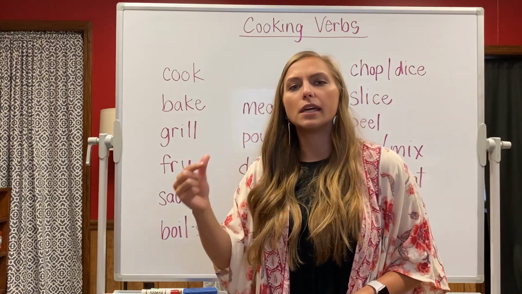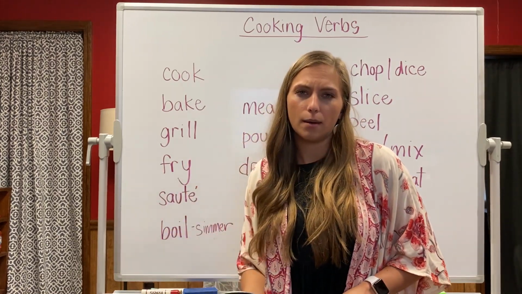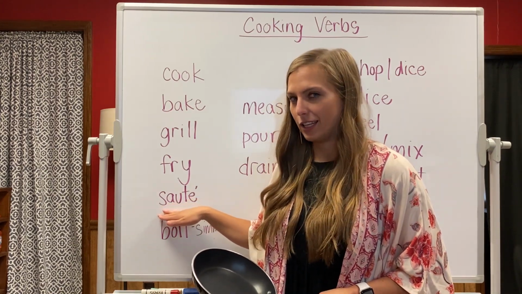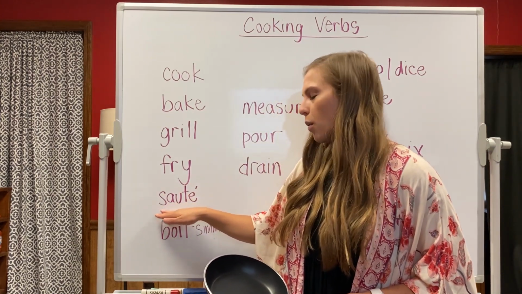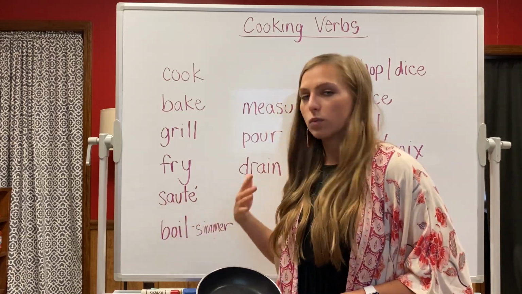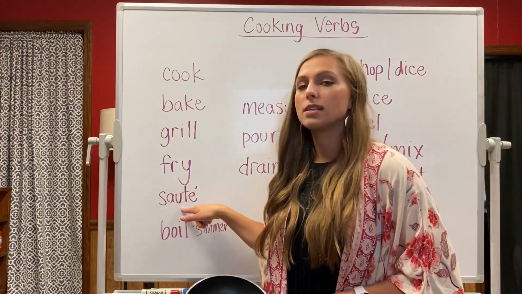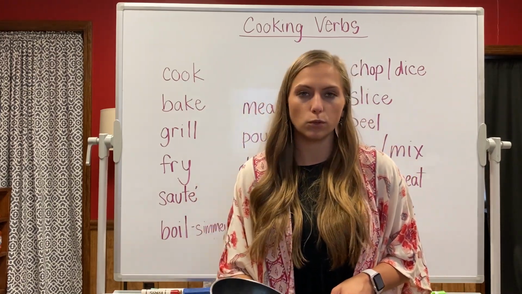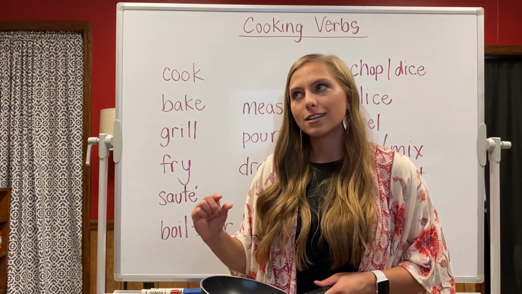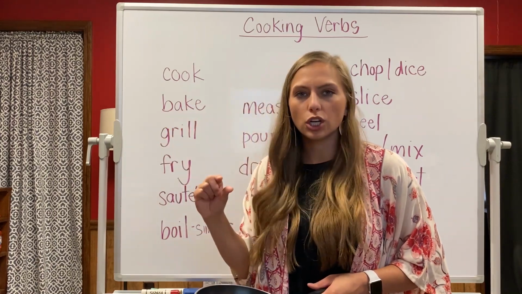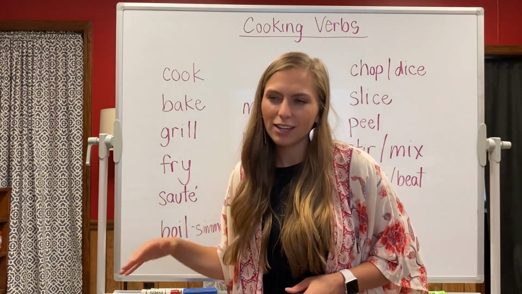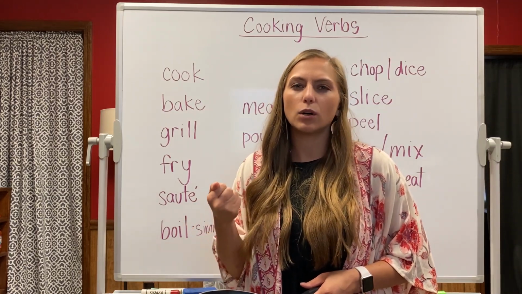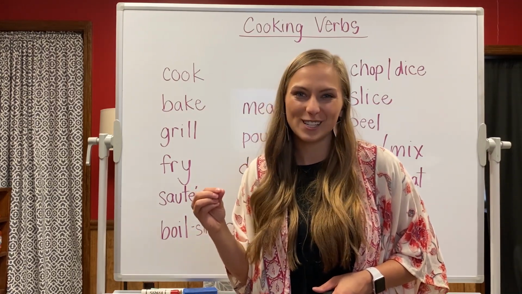You just begin to brown the vegetables or whatever it's telling you to saute. So many times in recipes, they say to saute the onions or saute the vegetables. That means that you cook it a little. You don't cook it all the way, just enough to brown them or to make them a little cooked.